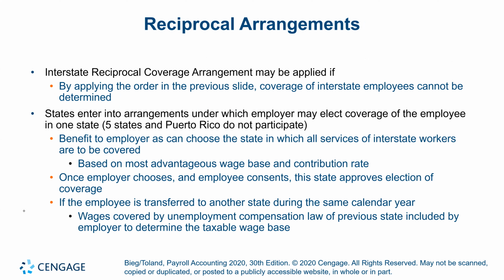Reciprocal arrangements, like your book tells us. Here it shows 5 states and Puerto Rico do not participate. So basically 45 out of 50 states participate in this type of reciprocal arrangement. An interstate reciprocal coverage arrangement may be applied if, by applying the order in the previous slide, coverage of interstate employees cannot be determined.